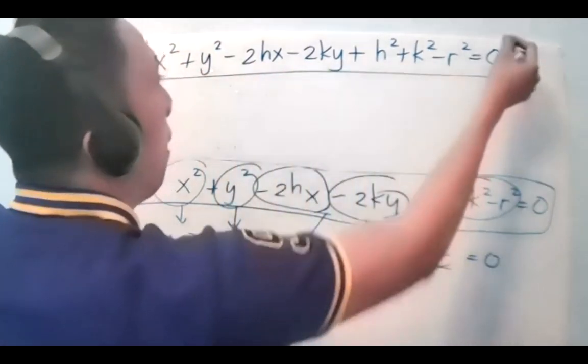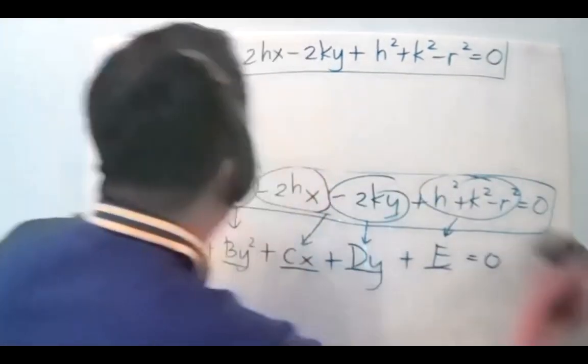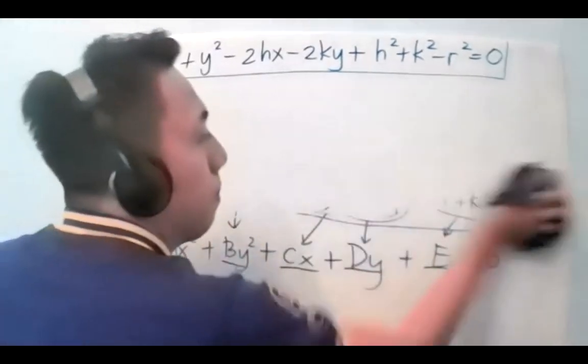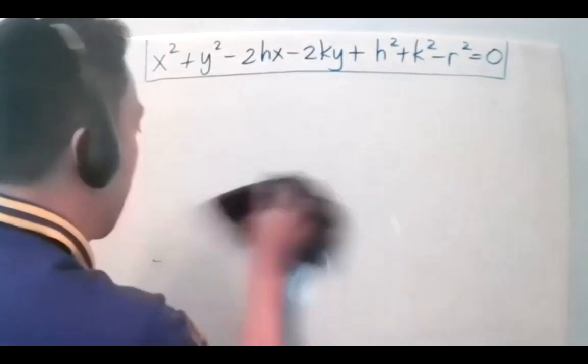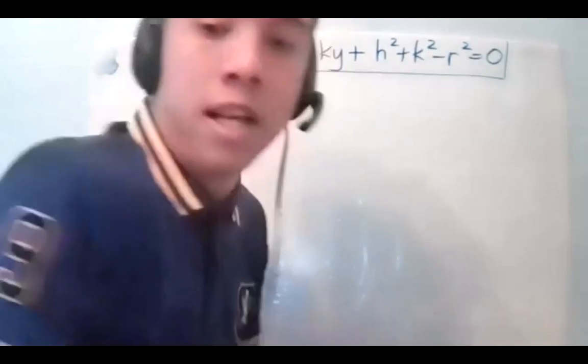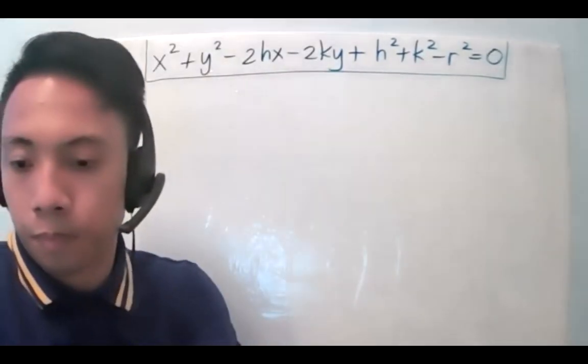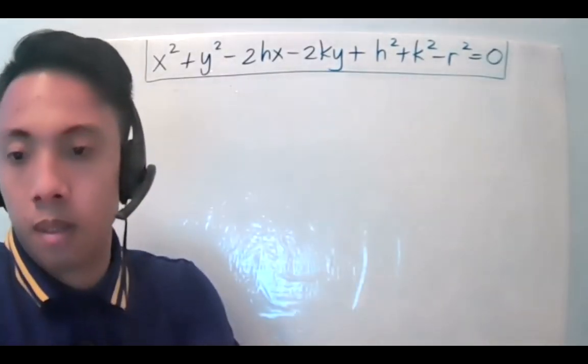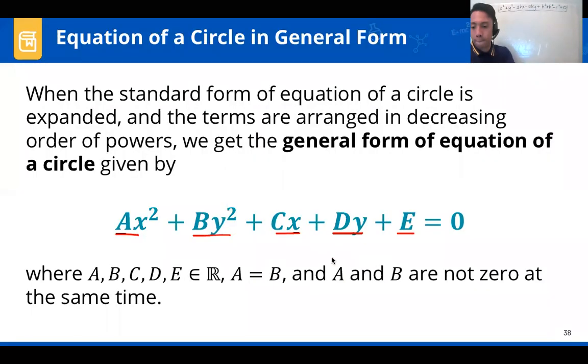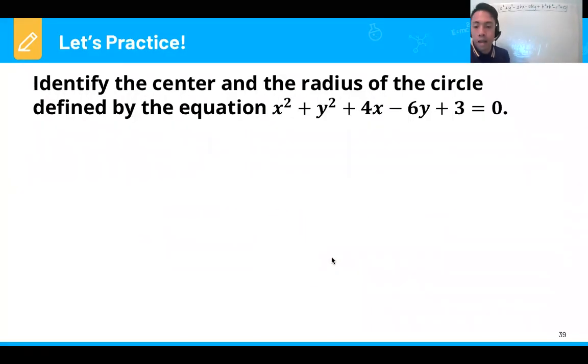This is the formula, because this is where we will get our formulas later. For example, we have this. Identify the center and the radius of the circle.